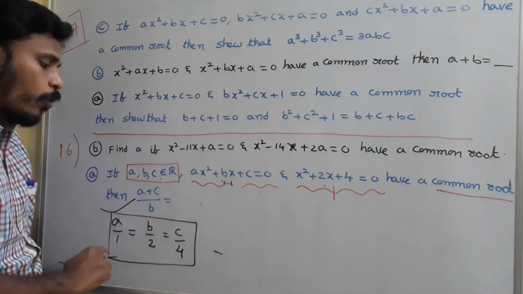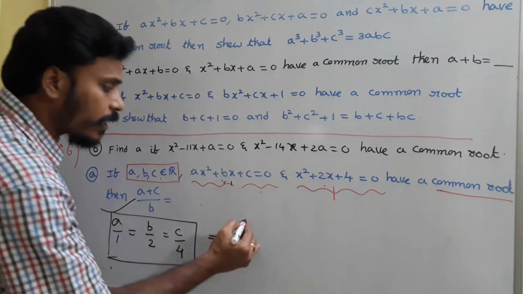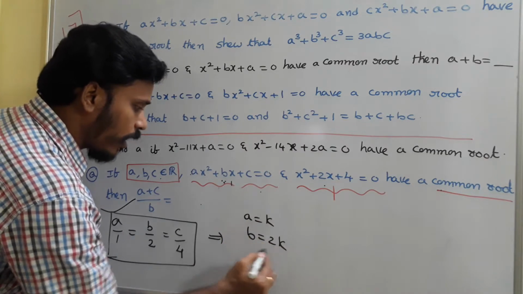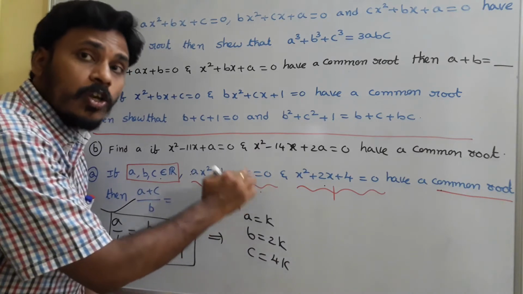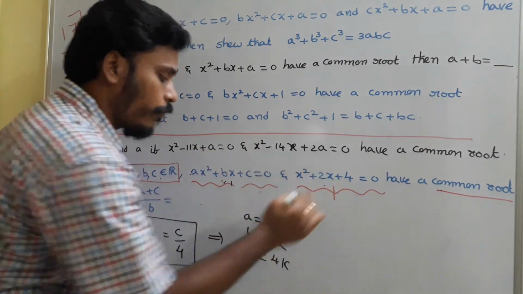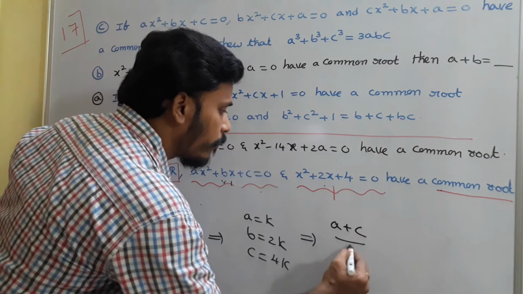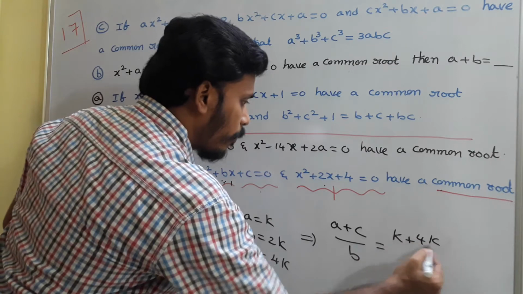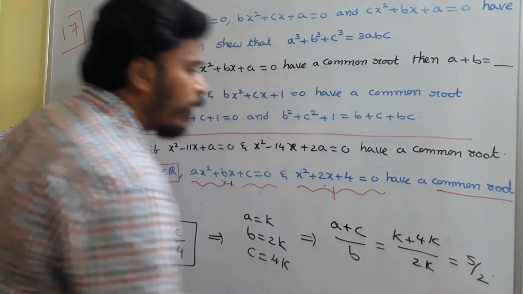So a, b, c and 1, 2, 4 are in the same ratio, and that implies a equals some k, b equals 2k, c equals 4k. We need to calculate a plus c by b. A is k, c is 4k and b is 2k. When you solve, you will get your answer as 5 by 2.